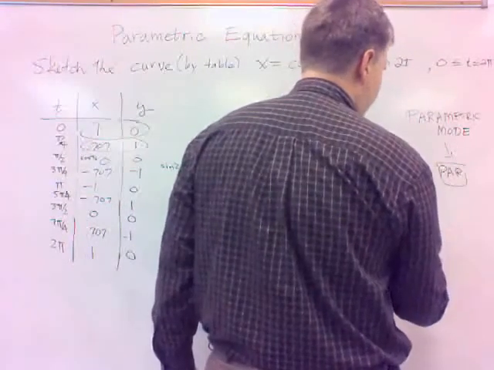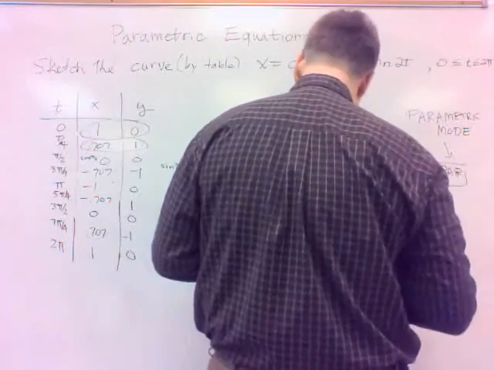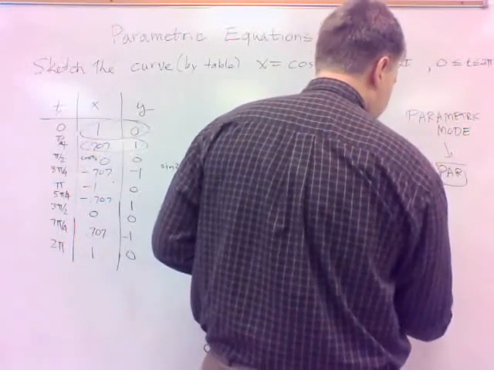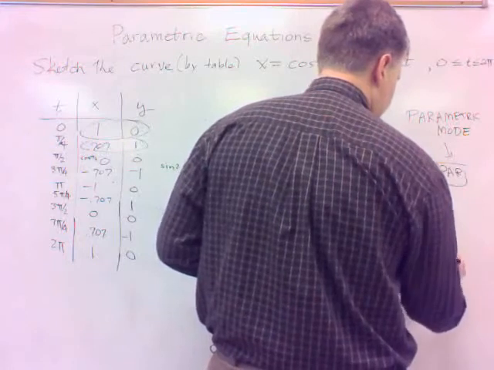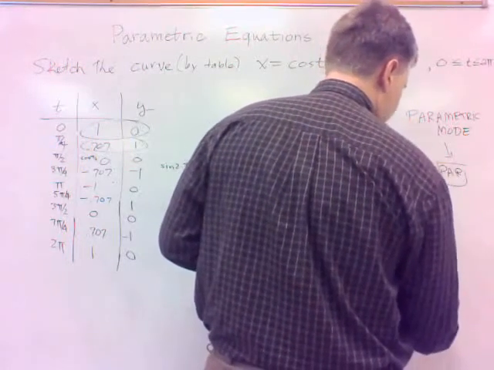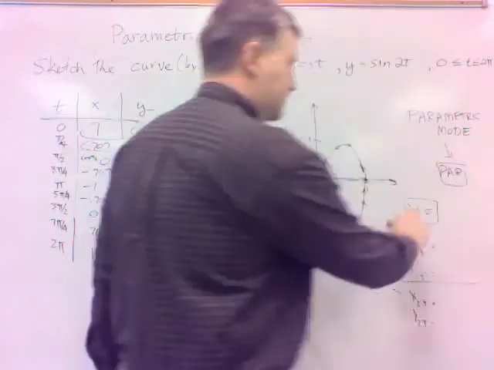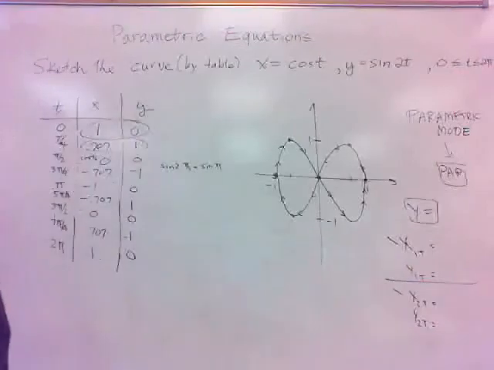It's x1t, y1t equals. They got a line here. And then they've got x2t, y2t equals. So these are paired up parametrically, right?